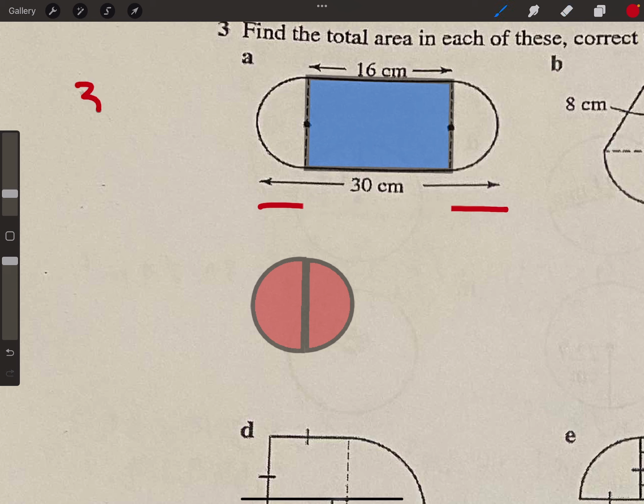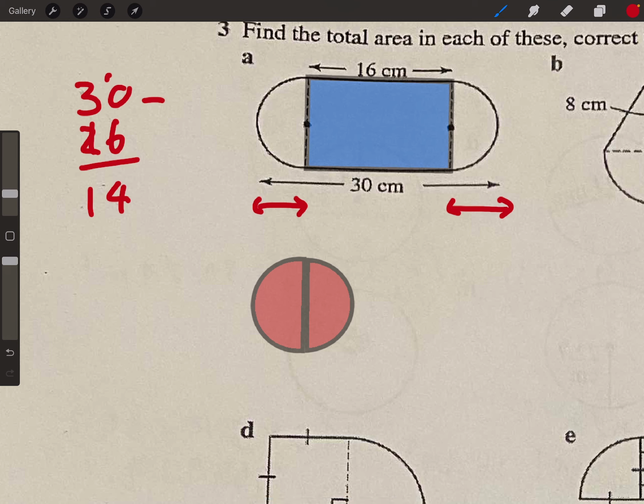So 30 take away 16 gives 14. That means this length and this length combined together is 14. But from here to here and here to here is the same distance. It's just the radius of the circle.